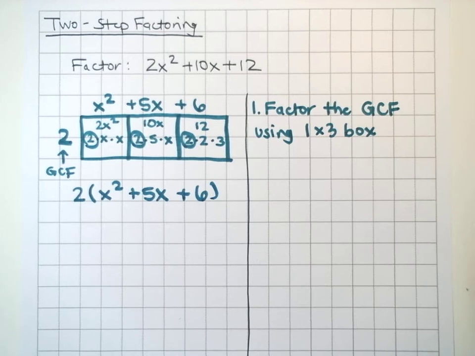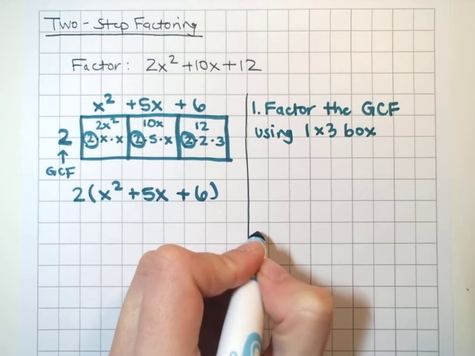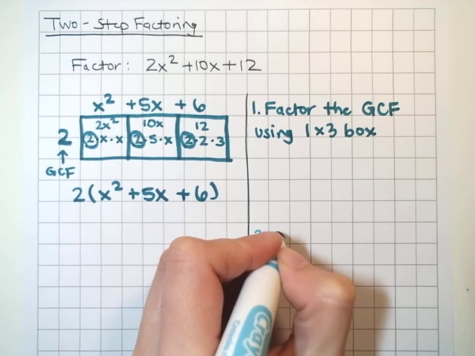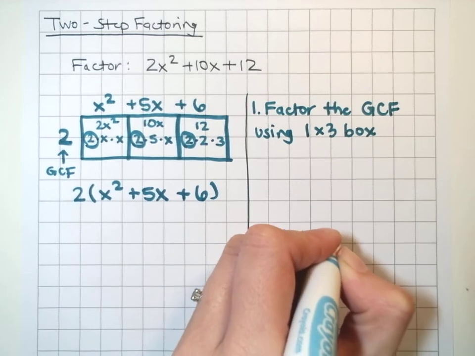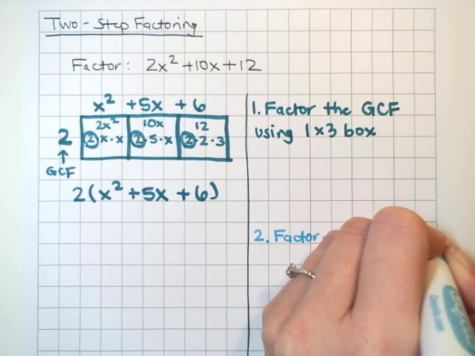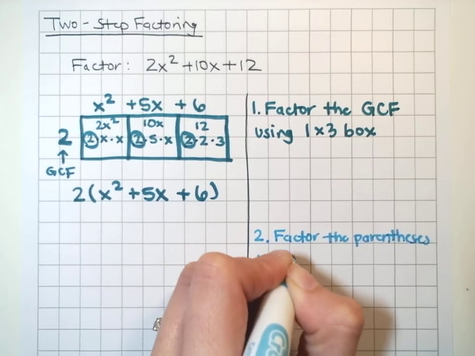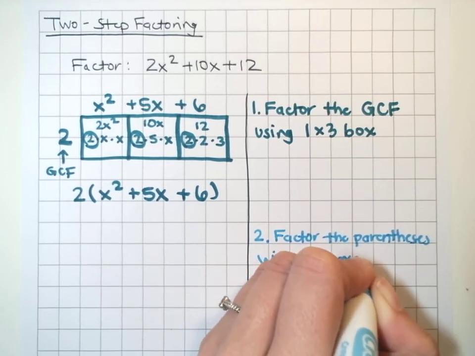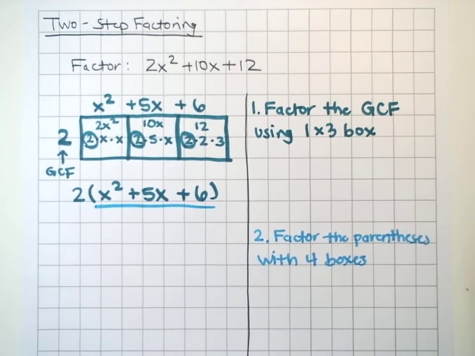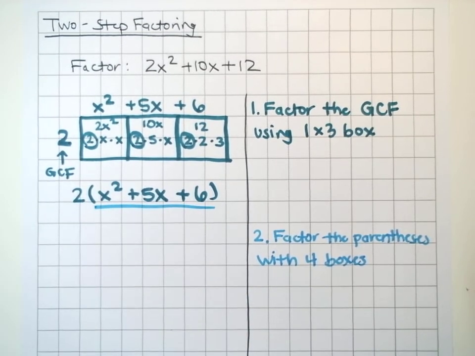Next, we are going to factor the parentheses with 4 boxes. So that's this, x squared plus 5x plus 6.